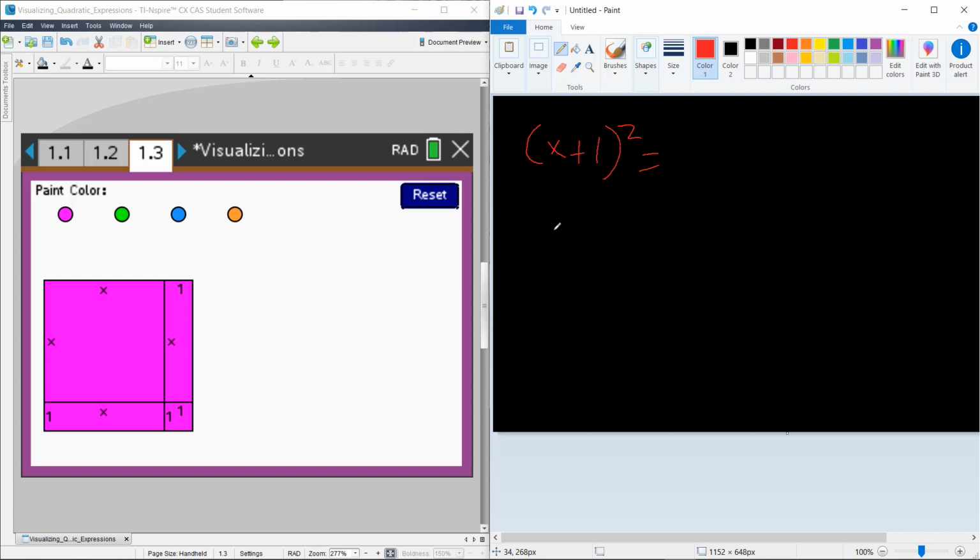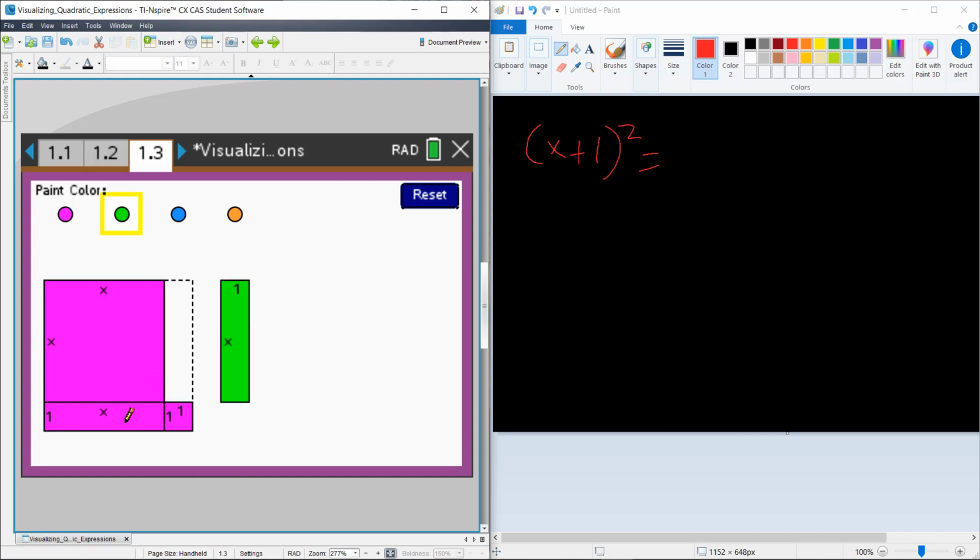So first of all, let's start off with the basic one, or maybe the expected one, which would be if we click each of those two pieces and make them separate, and then this one separate. What we have here is a representation now of x squared. This area here is x squared, and each of these will have an area of x times 1, so that's x. So we've got 2x, and then we have an area here of 1, because 1 times 1, so the area of this is 1.